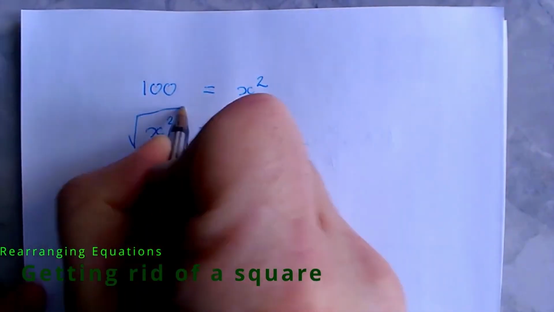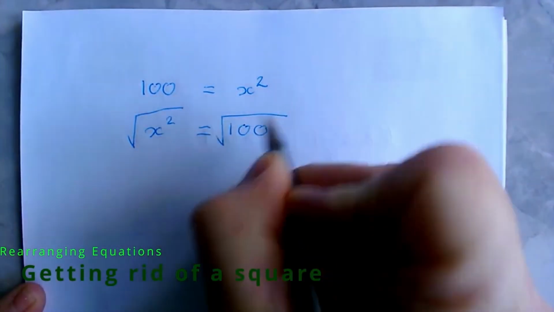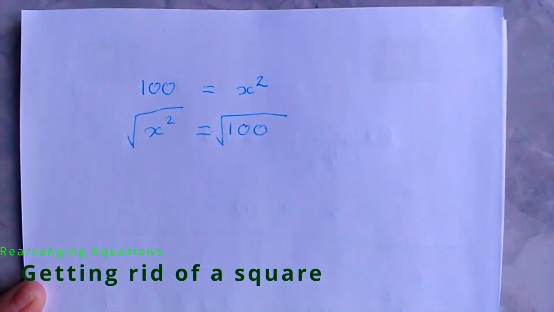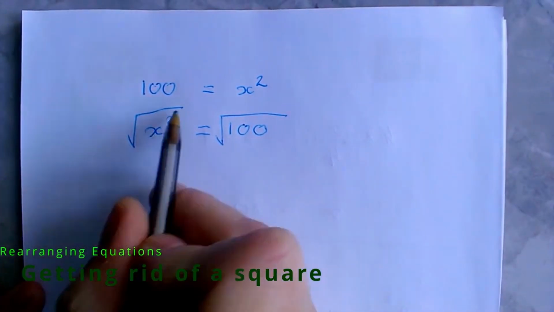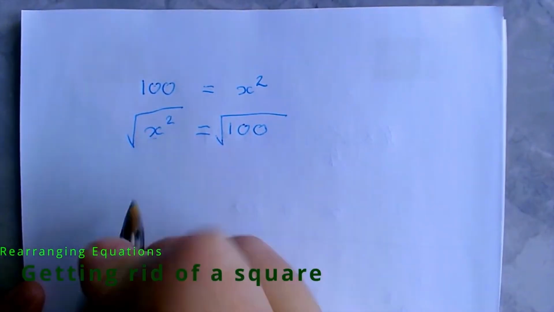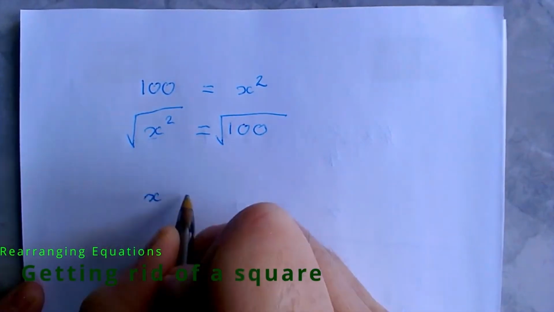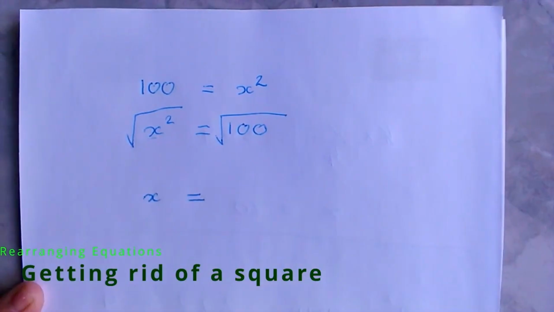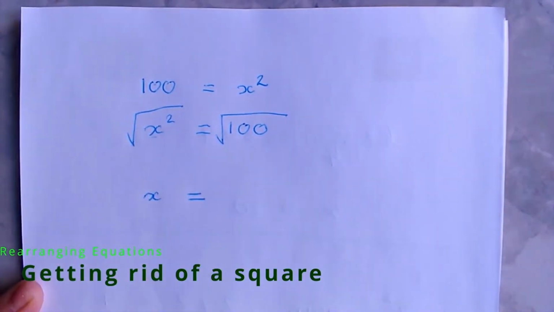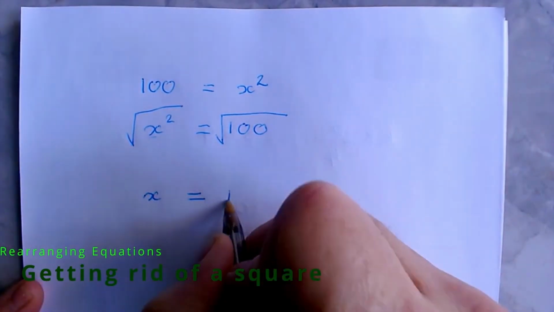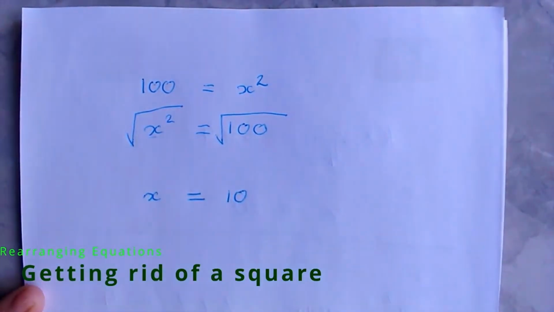So if I square root both sides, it's still balanced, it's still equal because I've done the same to both sides. But when you square root a square, you end up with the root value, which in this case is x. And of course, the square root of 100, you can type that into your calculator, but the square root of 100 is 10, because 10 times 10 is 100.